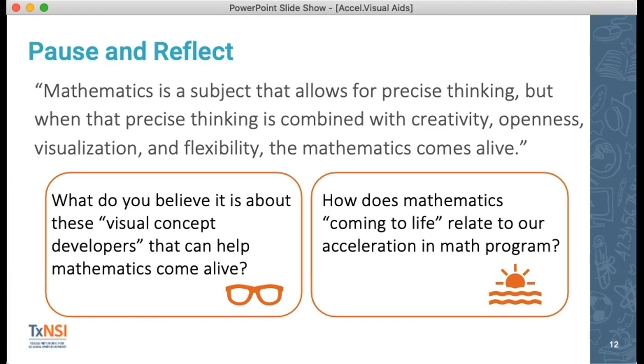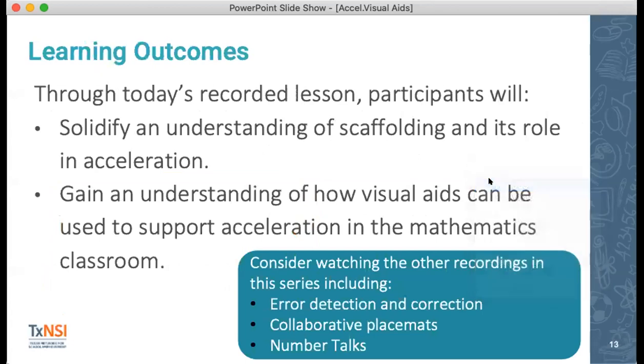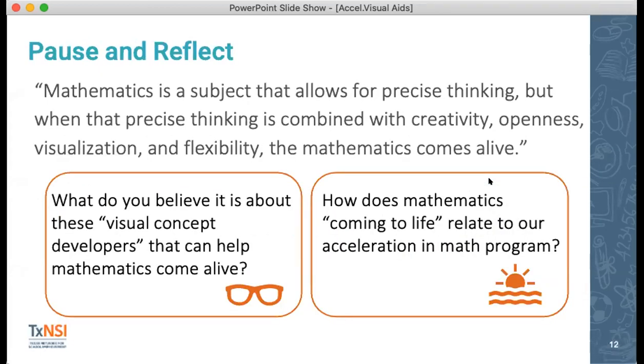So what is it, do you think, that makes these visual developers, that helps mathematics come alive? And how does mathematics coming to life relate to acceleration?